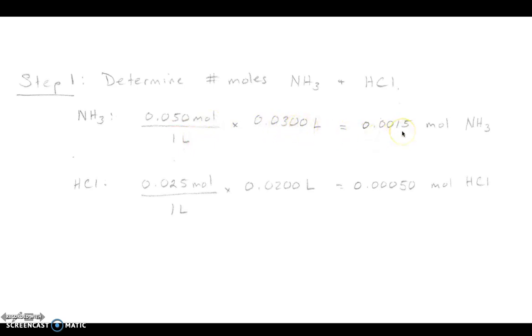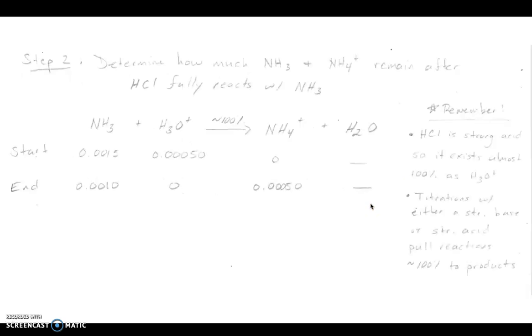So I started with 0.015 moles of ammonia. I can do the same thing for the HCl or hydronium. There's my original concentration, and I used 20 mL of it. So in my titration, I have added 0.00050 moles of HCl. Those are my reactants.